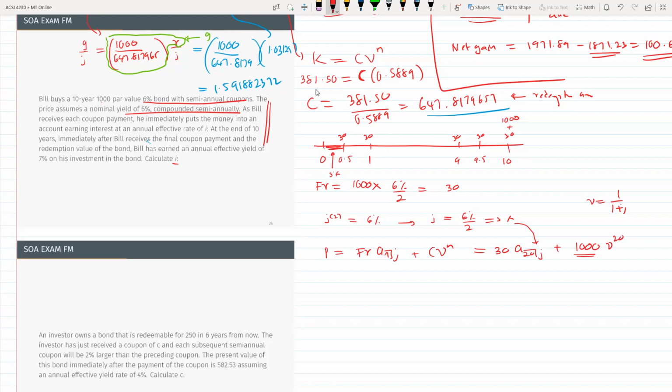Okay, so that's the formula. Let's use our calculator. Payment would be 30. Future value is 1,000. N is 20. Rate would be 3%. But make sure compounding per year and payment per year both are 1. If you set 6%, then you have to put compounding and payment per year as 2.